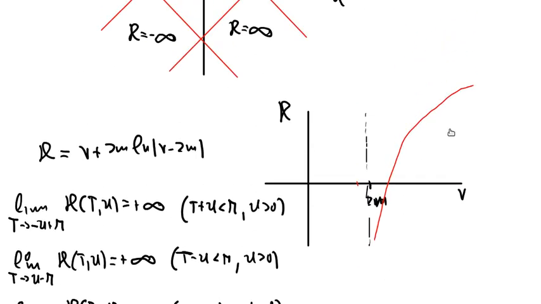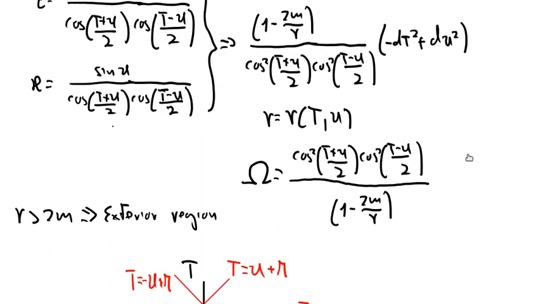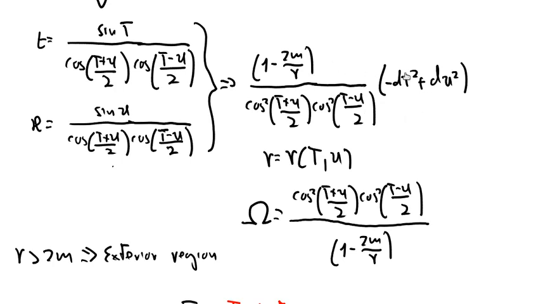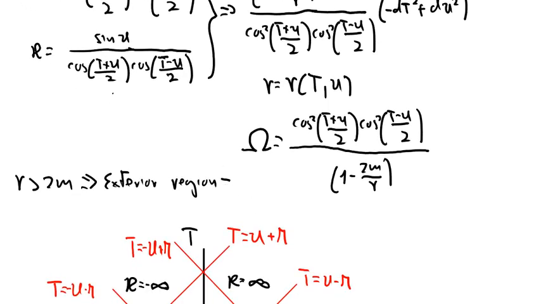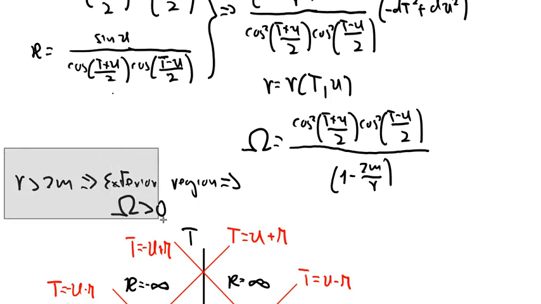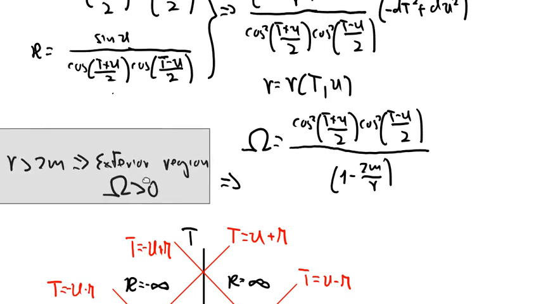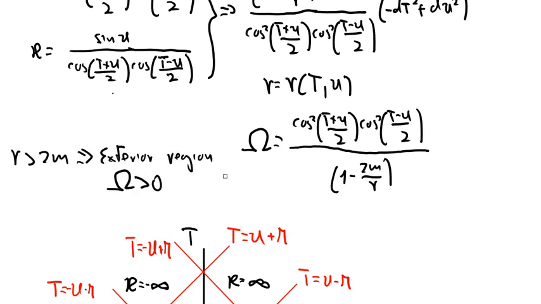We just look again at the expression we got for the Lorentzian part and check the sign of the conformal factor. Since small r is greater than 2m, in the exterior region the conformal factor is positive.